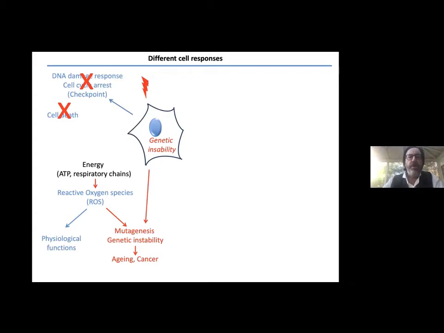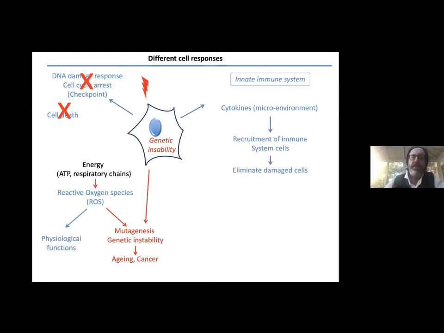So an exogenous treatment can also affect the DNA directly. And also when there is an exogenous foreign body in the cells, you can activate the innate immune system that will generate cytokines, modify the environment, and recruit the immune cells to eliminate the cells containing this exogenous molecule or particle, like virus, bacteria, and maybe sometimes particles.